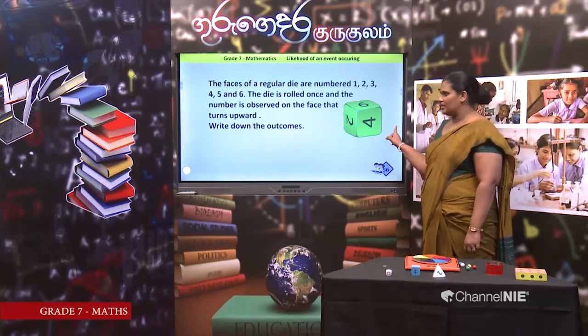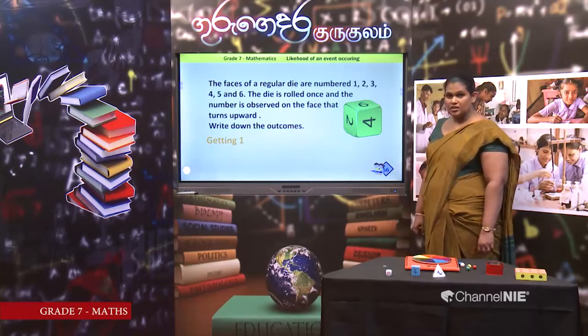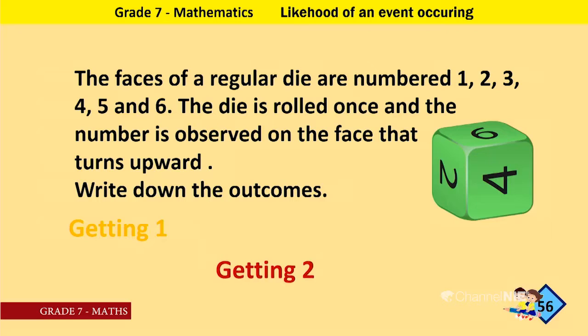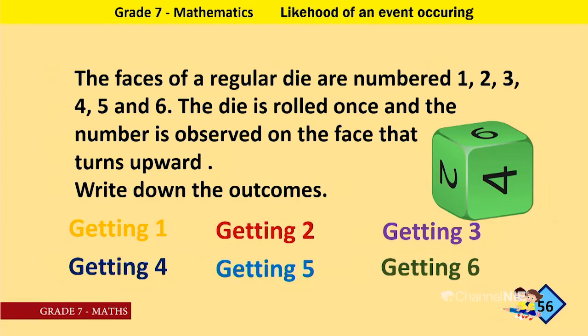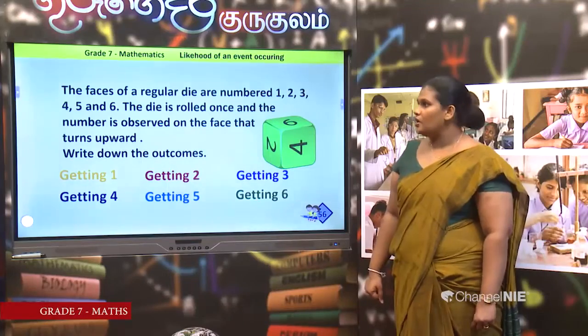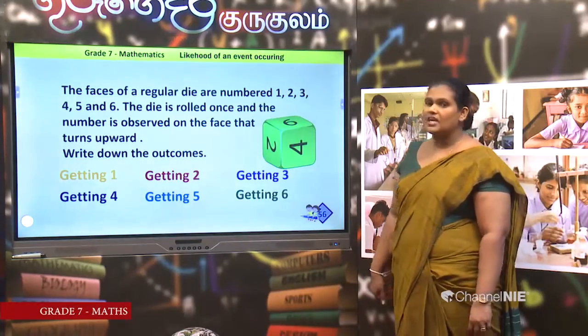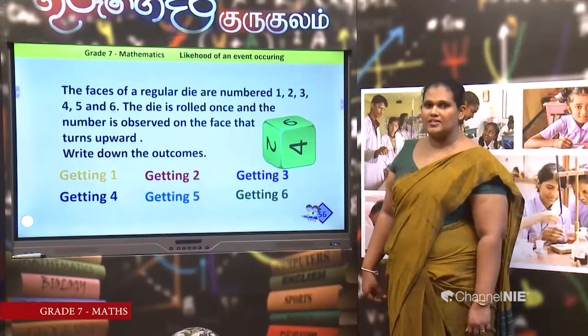So, what would you see? Yes, you might get 1, you might get 2, you might get 3, you might get 4, you might get 5 or you might get 6. So, these are the outcomes of the experiment of rolling a regular die numbered from 1 to 6.